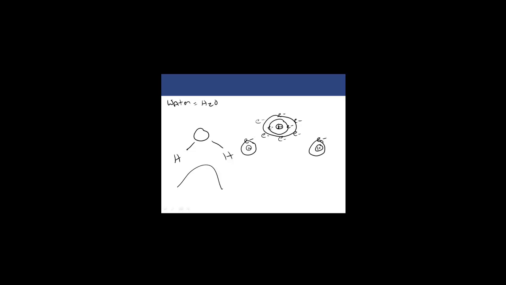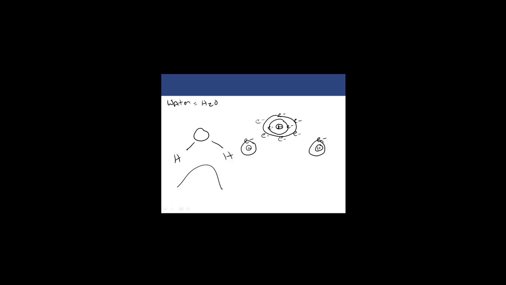Those hydrogen atoms, what do they want? They want a filled valence shell. Is their valence shell filled? The answer is no. It needs to either gain an electron or lose an electron. So we have an oxygen atom that needs 2 electrons to fill its shell, and we have 2 hydrogen atoms which each need 1 electron to fill its shell.